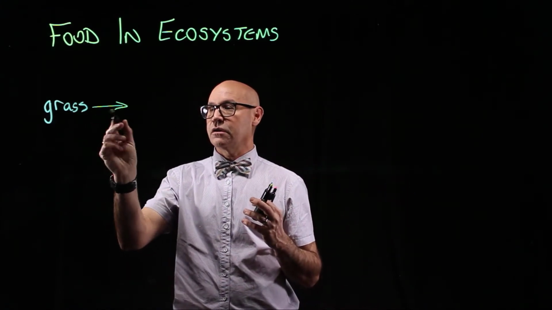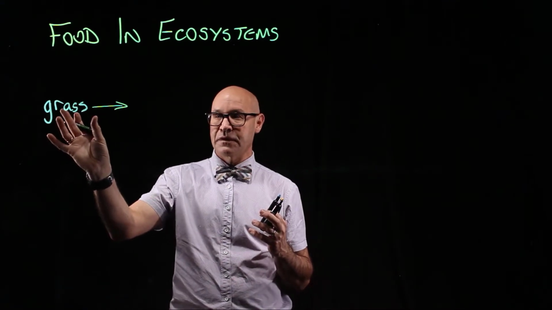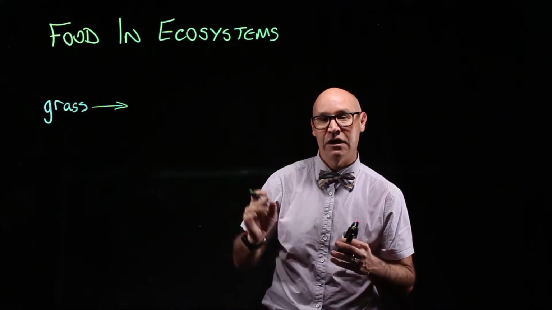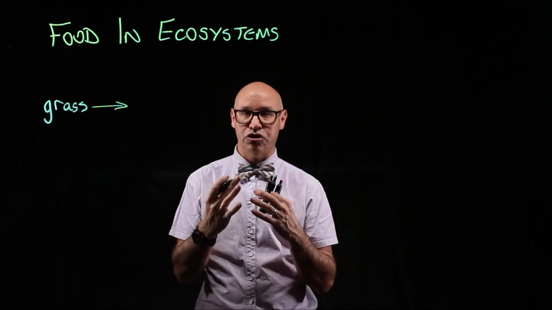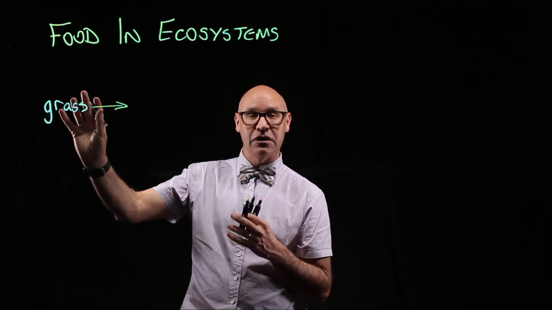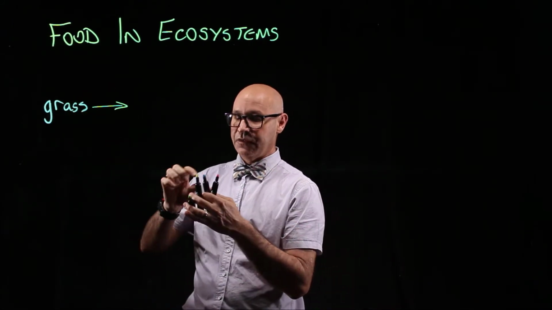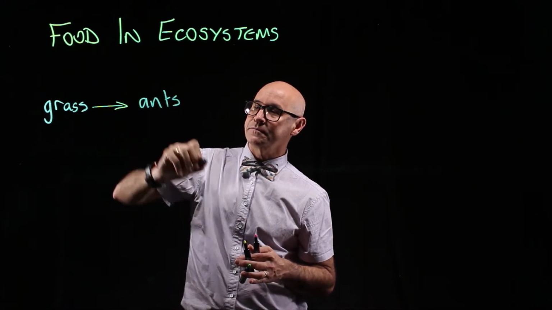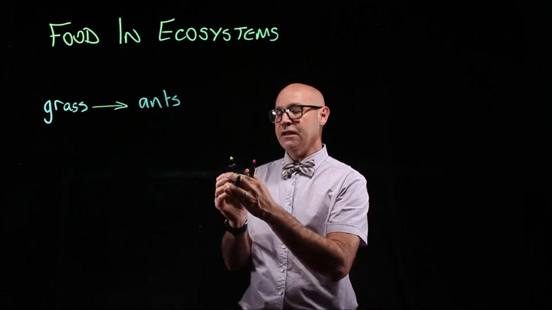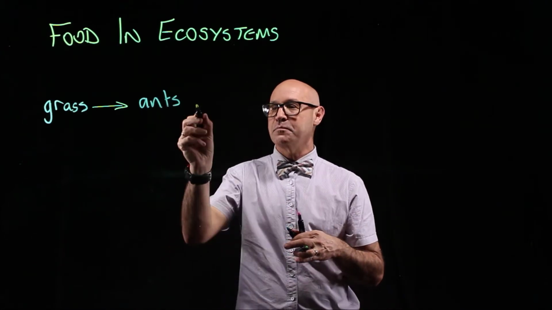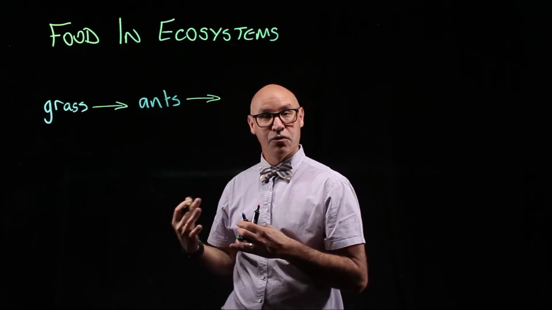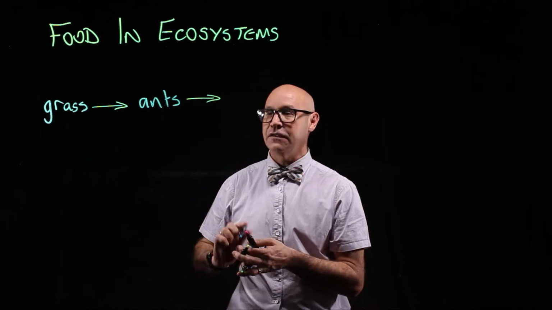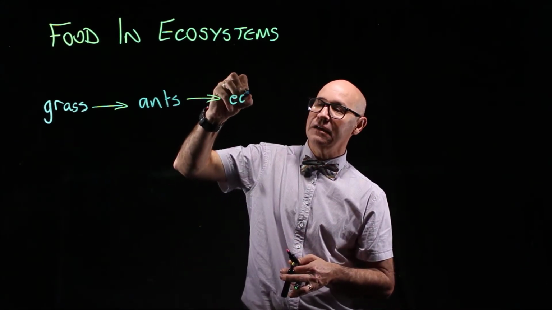So we start with our grass, and then we go to our first consumer, the consumer that eats the producer. And in this case, it's going to be ants. Now, those ants then are eaten by other animals, and in this case, it's going to be an echidna.